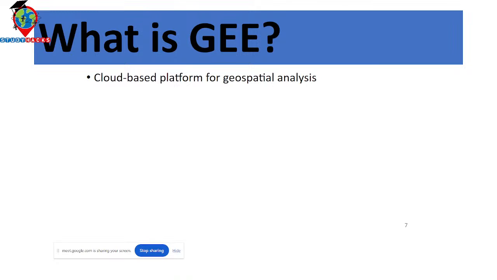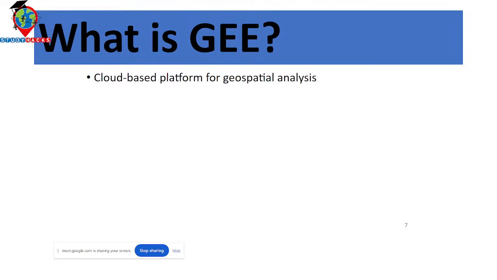Facebook is a cloud-based platform. So every cloud-based platform has a common characteristic, that it has its own server. So Google Earth Engine is a totally cloud-based platform, so it has its own server. And all of those things will be controlled from this server.